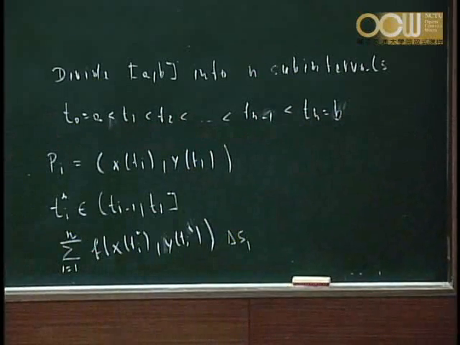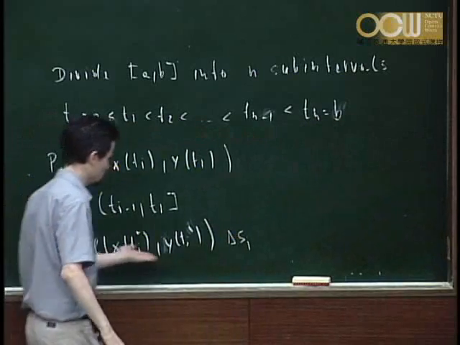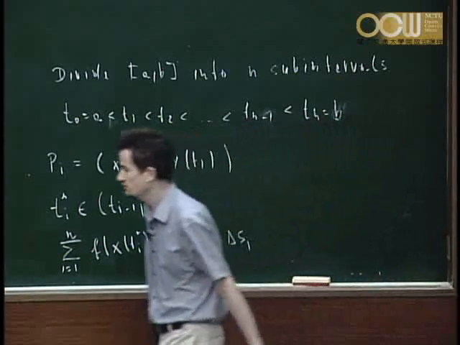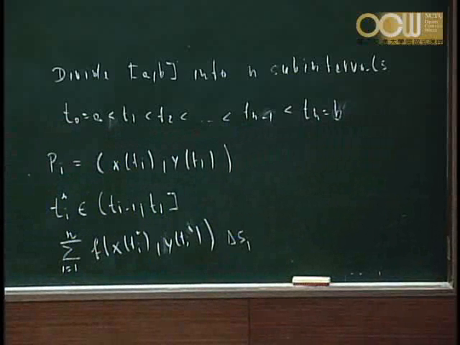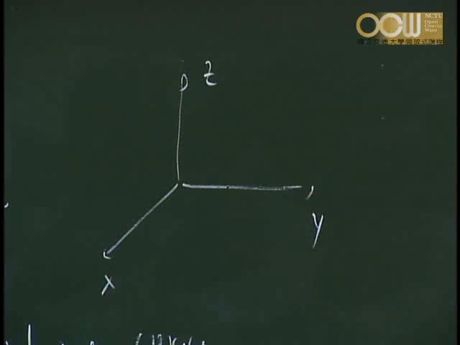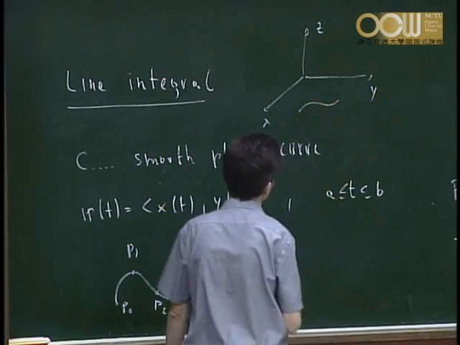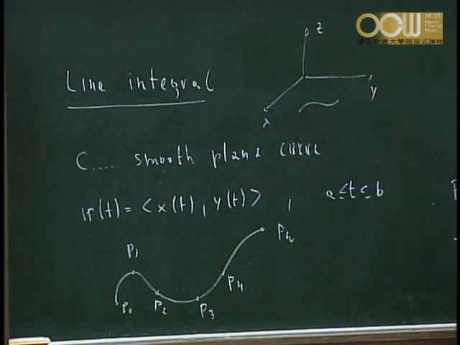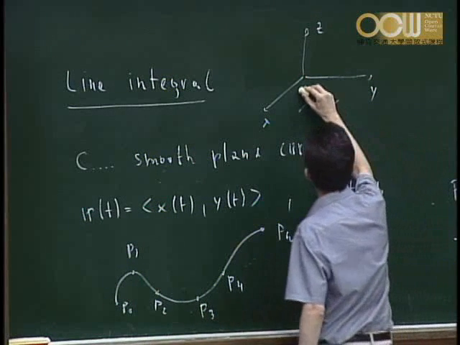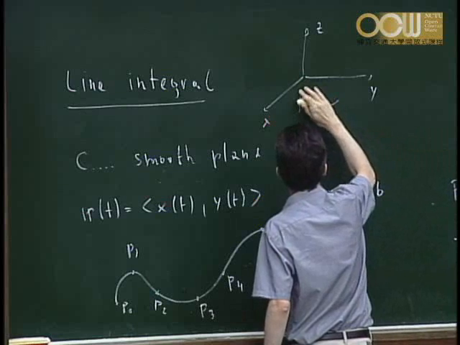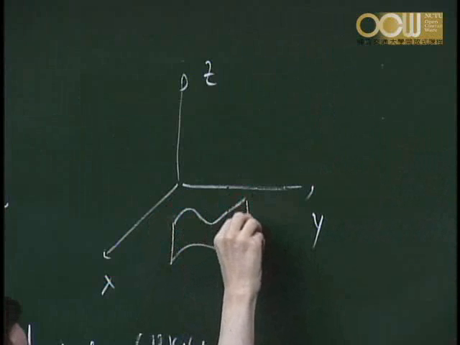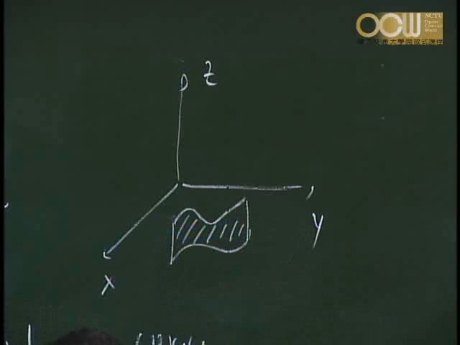Now, of course, we have to motivate why we are interested in this. So why do we want to do this? But the motivation is very easy. For instance, if the function f is larger or equal than 0, then you have something like this. So we plot C in the xy plane. So we have here a curve like this one, and if the function of two variables is larger or equal than 0, what we see is, depends on the function, we have here some kind of fence, okay?